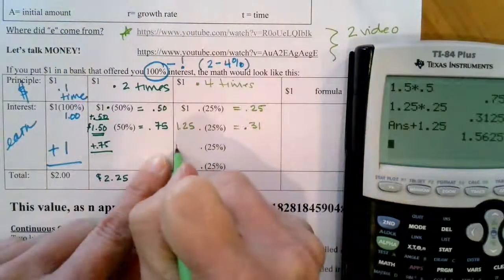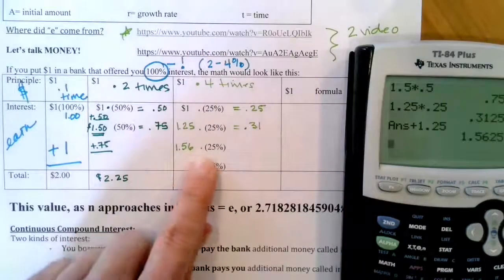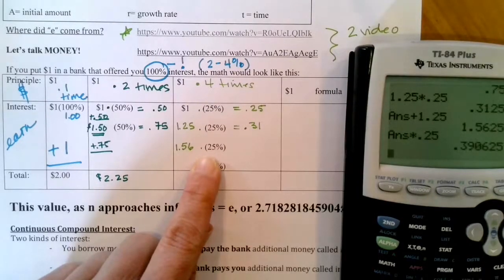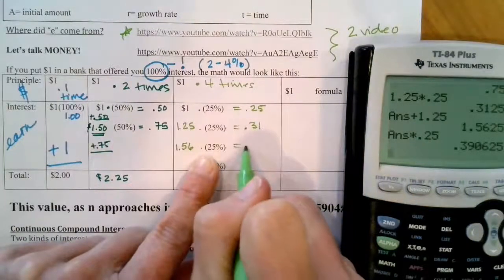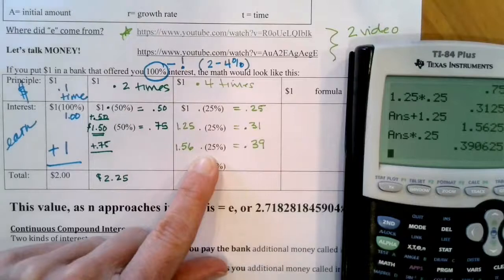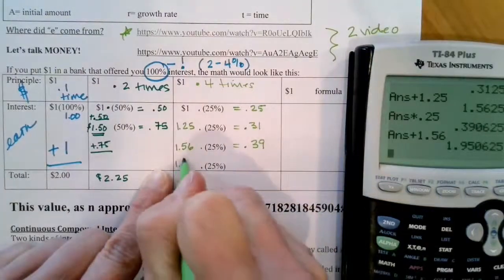So now I've got $1.56 in the bank. So the next time that I have to calculate that interest, I'm going to multiply it again times my 25%. Hey, look at this time I earned 39 cents of interest. So when I add that to the money that I already have, I now have $1.95.